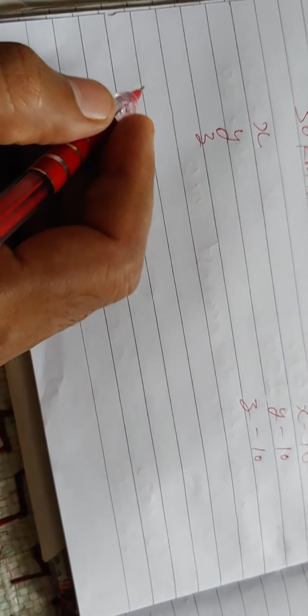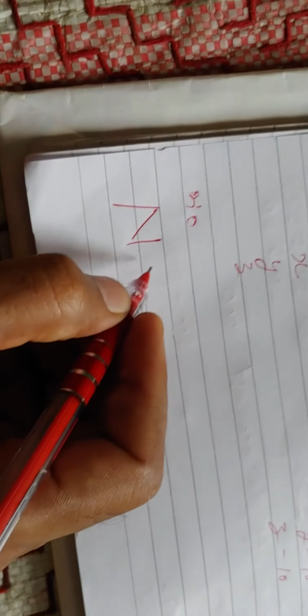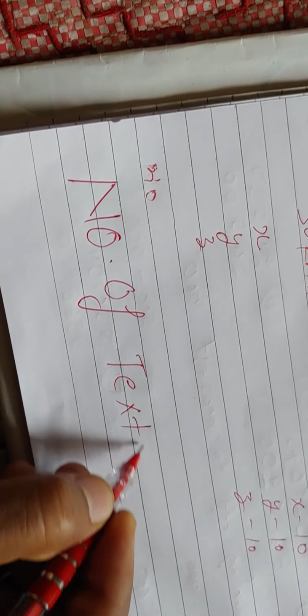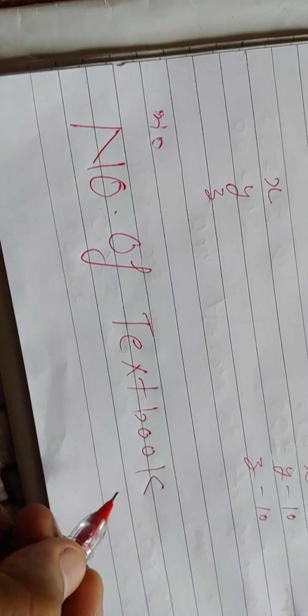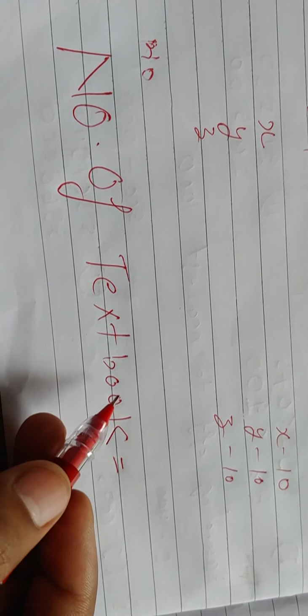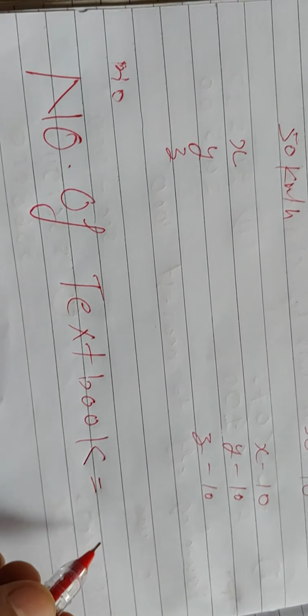First of all, the number of textbooks is equal to what? 6 was there.